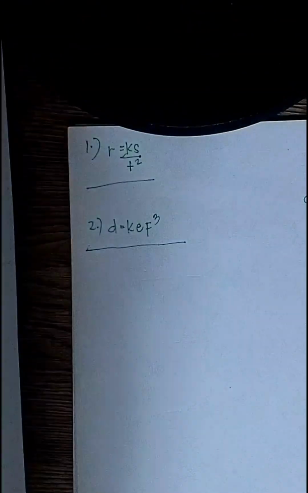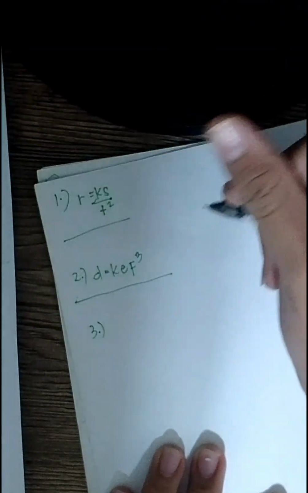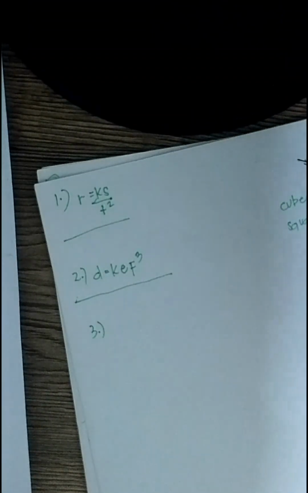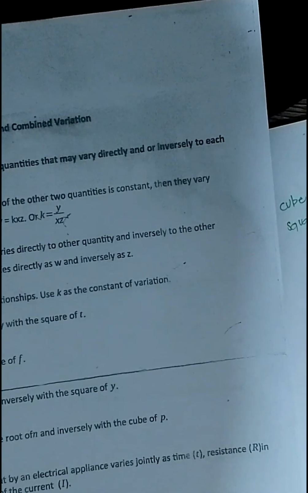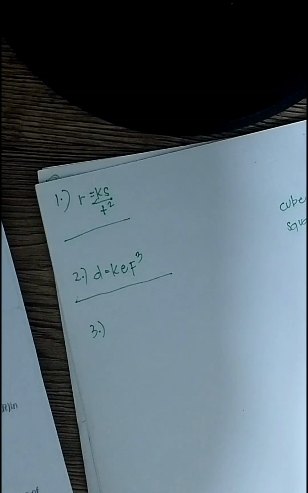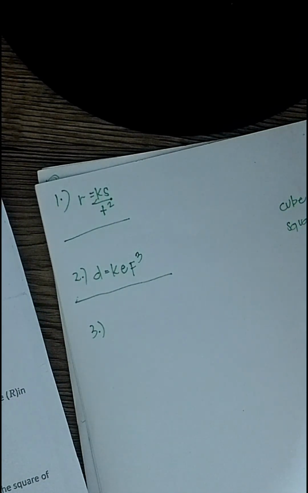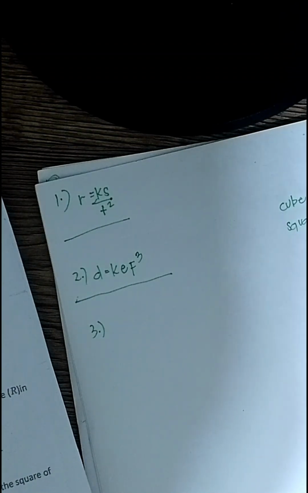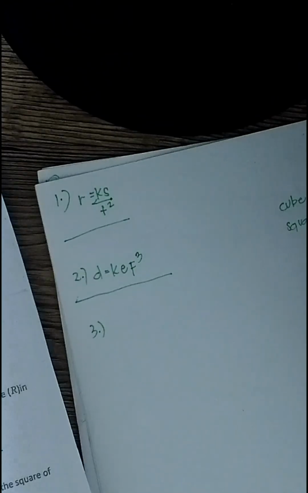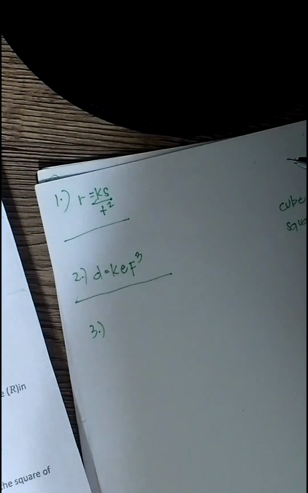Another example of how to get the formula, number 3. F varies jointly with U and H and inversely with the square of Y. This is another example. First step, we need to find out the letters F, U, H, and Y. And the second is to figure out whether it varies directly, varies jointly, or inversely.